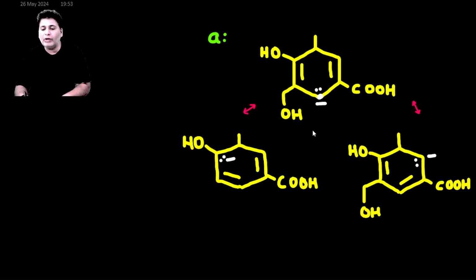So you have to check the stability of this anion, and you see that this anion is in the neighborhood of 2 pi systems. There is a possibility of conjugation. How?